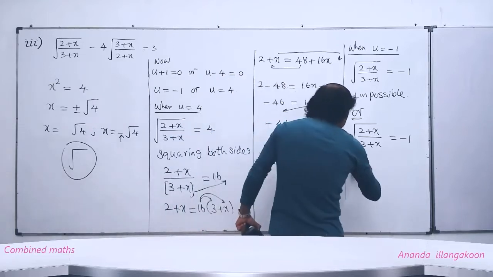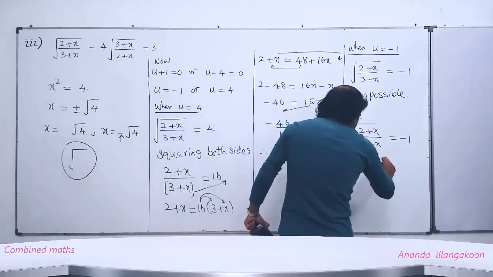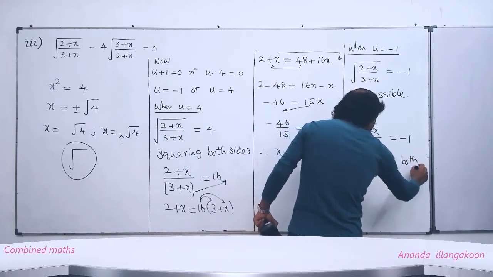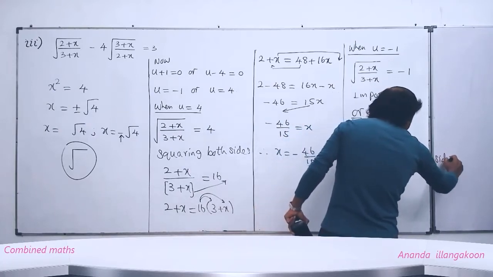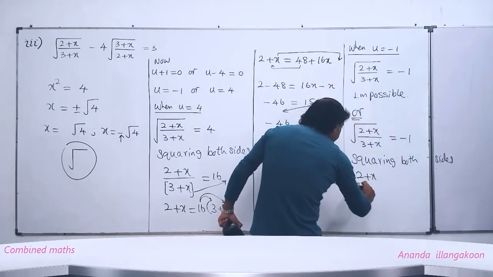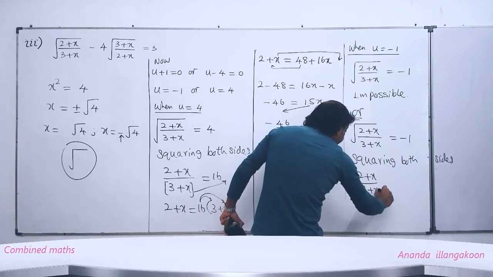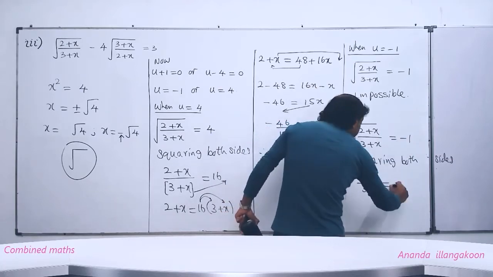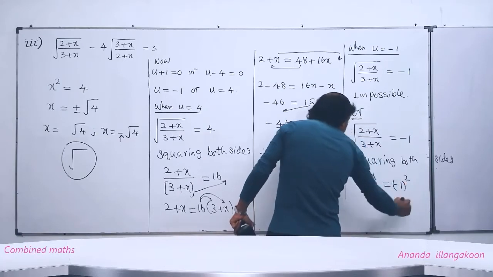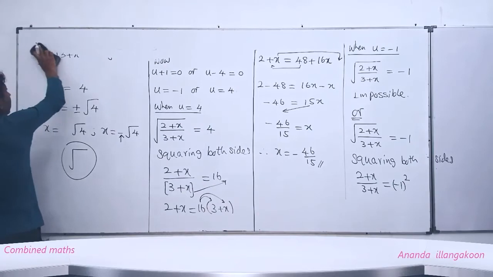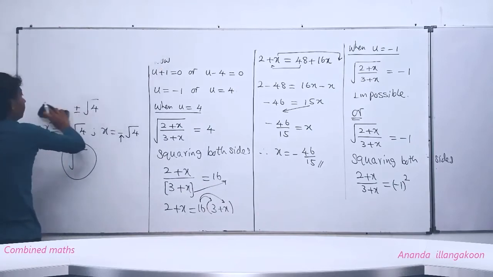Squaring both sides, what do you get? The root sign will be eliminated in the left hand side. Right hand side, this minus 1 we have to square, no? Minus 1 perfectly squared means minus 1 into minus 1, that is plus 1.